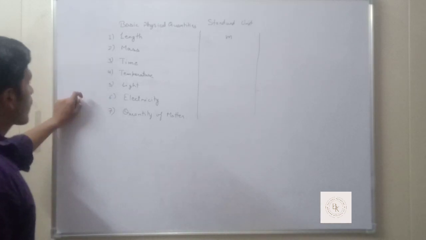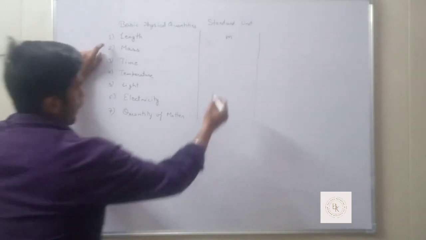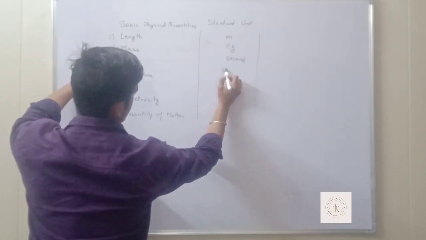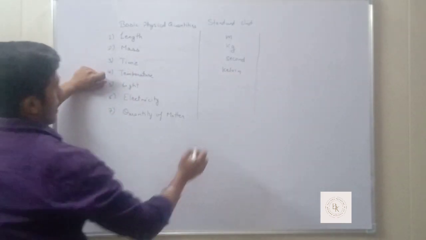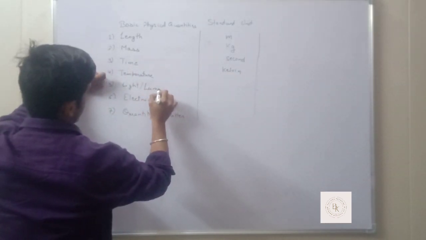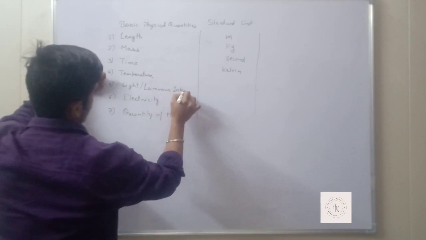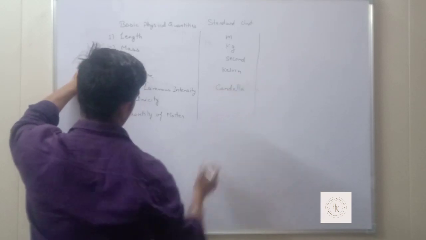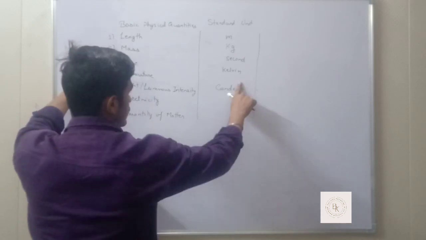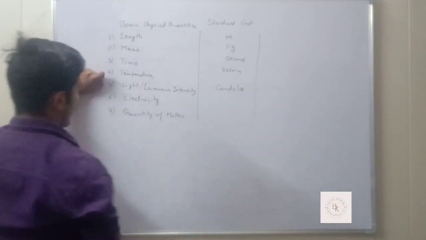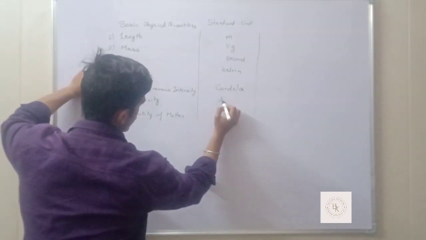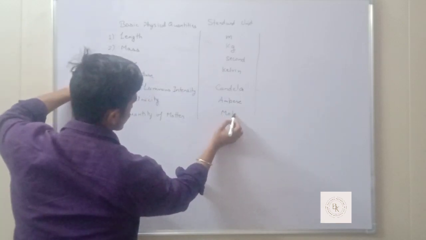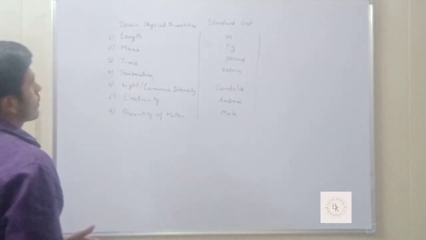As we all know, the unit for length is meter, mass is kg, time is second, temperature is Kelvin, for light or luminous intensity it's candela, with only a single L. For electricity we use ampere, and for quantity of matter, mole. So these are the standard units for these basic physical quantities.